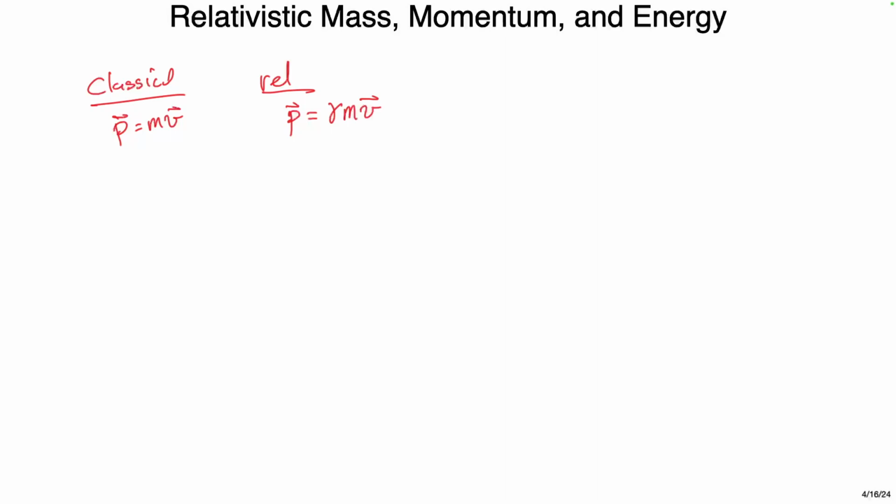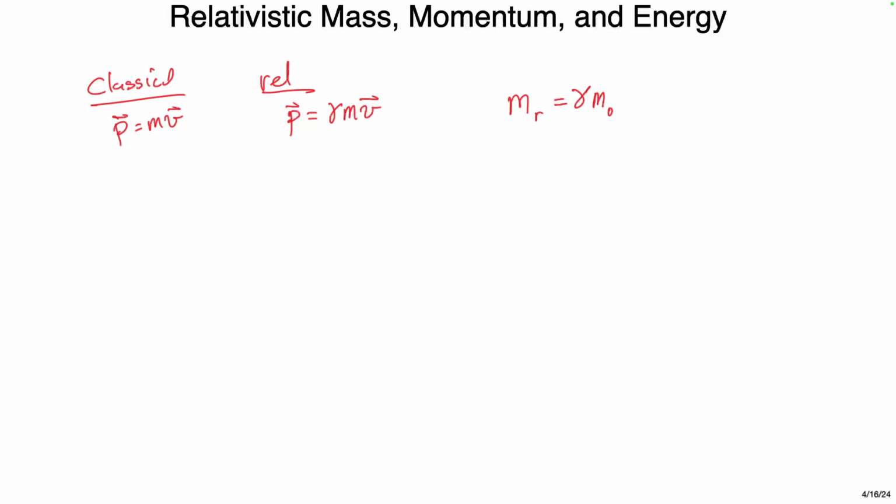So, this means that there's actually more than one kind of mass. There is technically a relativistic mass that something has. And that mass will be gamma times its rest mass, the mass it has when it's standing still. Up to this point in this class, every time that I have talked about mass, I have been talking about the rest mass.